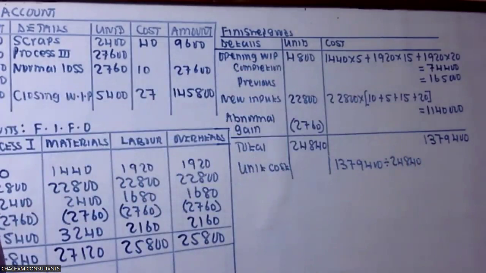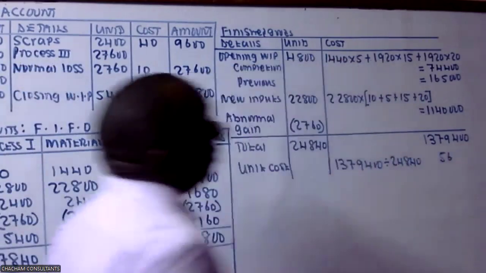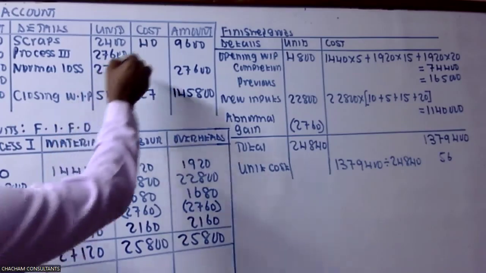It comes to around 56, in the spirit of rounding up or down. Are you able to confirm that? Yes. So with that, you bring here 56.